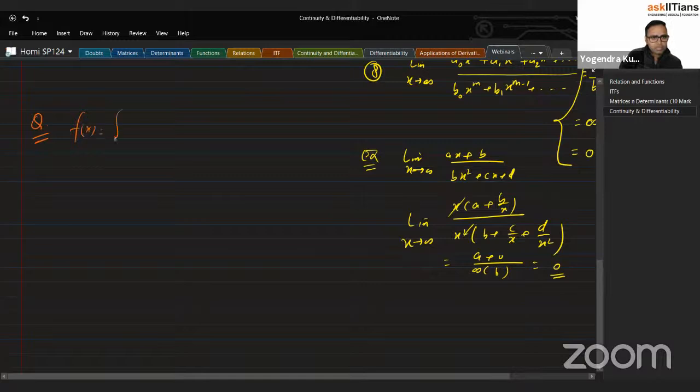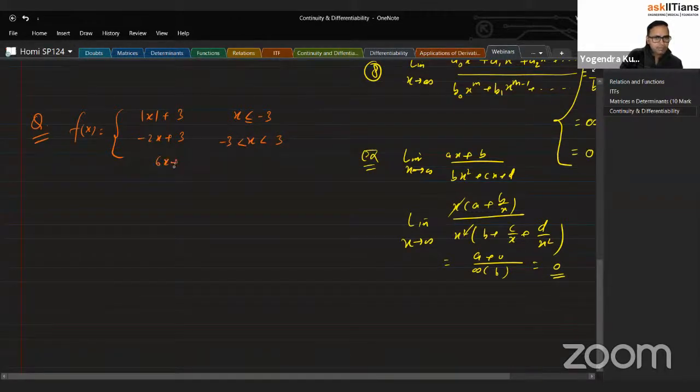F of x is given as a verbal question only, right? I hope everyone can do this. X is less than or equal to minus 3. This is what the function is. Then minus 2x plus 3. 2x plus 3, x is less than 3, greater than minus 3.